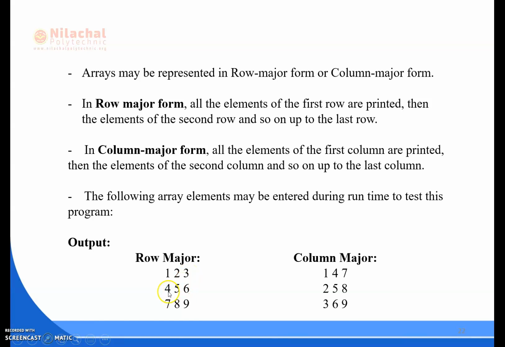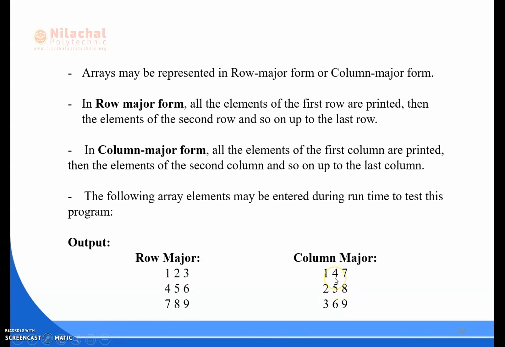Secondly, the second row will be printed, that is 4 5 and 6, and at last the last row will be printed, that is 7 8 and 9. So here we can say 1 2 3 4 5 6 and 7 8 9. We have the representation of row major form here.